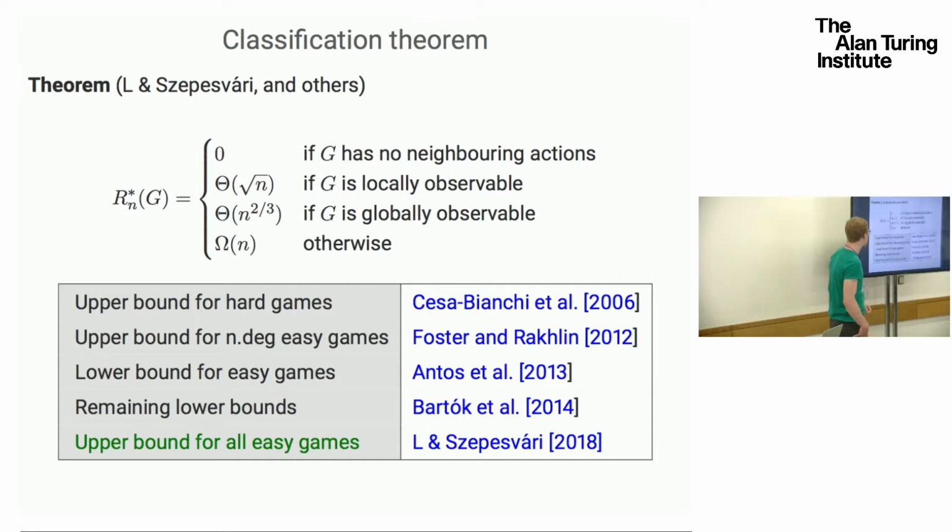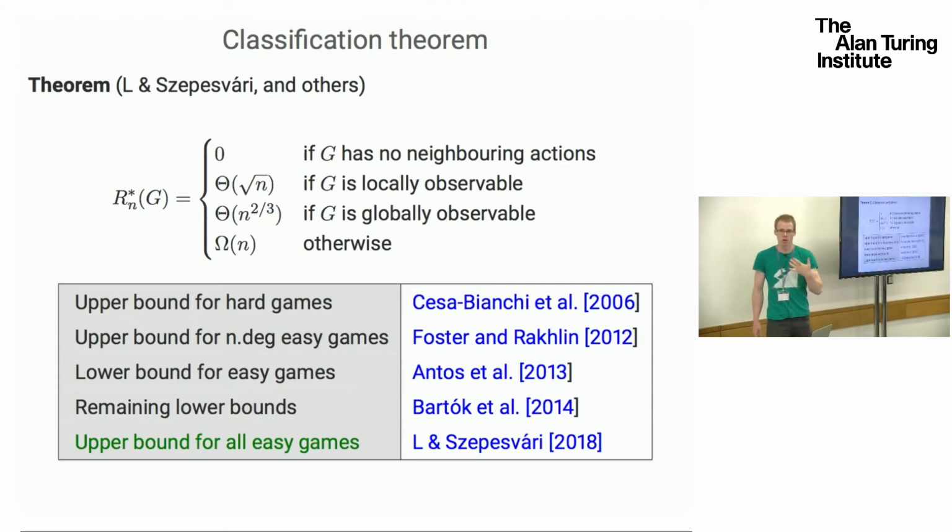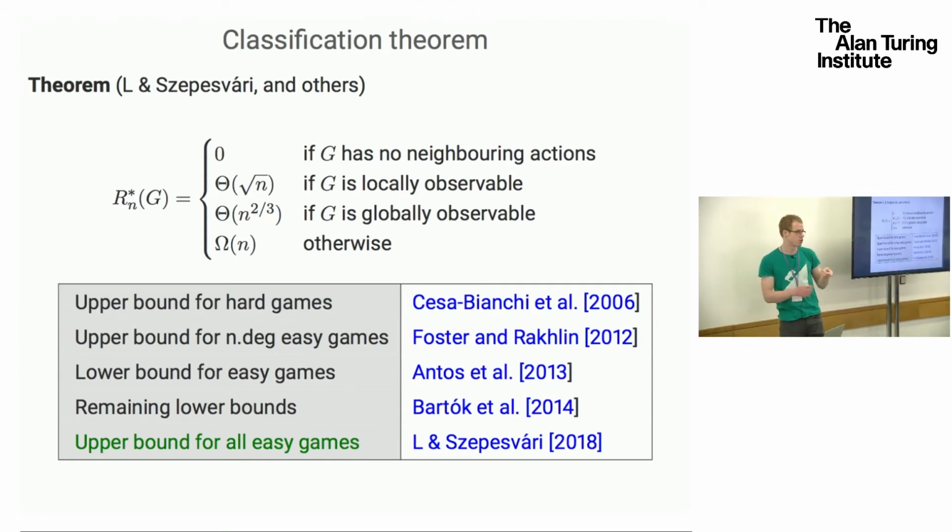And you can see that there are like 6 pieces of this puzzle to put together this theorem. And almost all of them can be done long before we came along. So the upper bound for hard games is by Cesa-Bianchi and Lugosi. And then we have various other people filling in these gaps. The only thing that's missing is if you have degenerate actions and you want to have an easy game, what should the regret be and what's going on?